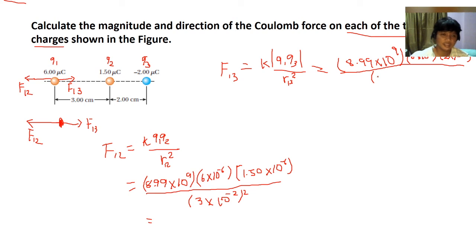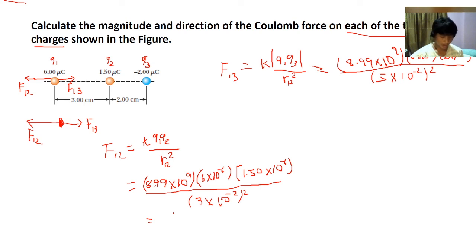r13 is the distance between Q1 and Q3. You notice that the distance between Q1 and Q3 is 5 centimeters, so 5 times 10 to the negative 2, squared. Okay, I'm going to get my calculator. 8.99 times 6 times 1.5 divided by 9.